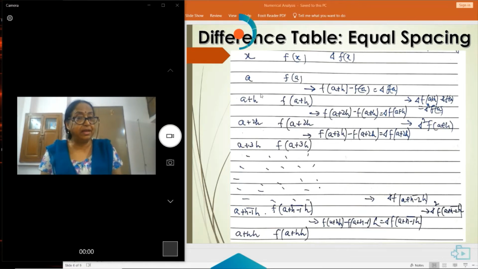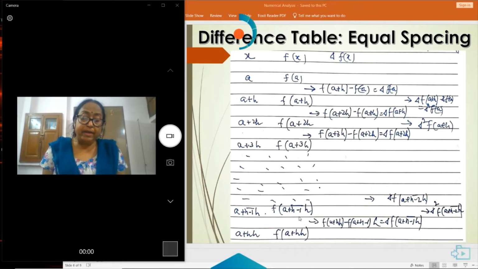Spacing is h. Next is a plus 2h. Similarly, corresponding f(x)'s are f(a), f(a plus h), f(a plus 2h), f(a plus 3h), and so on. Lastly, f(a plus nh). Last but one will be f(a plus (n minus 1)h).